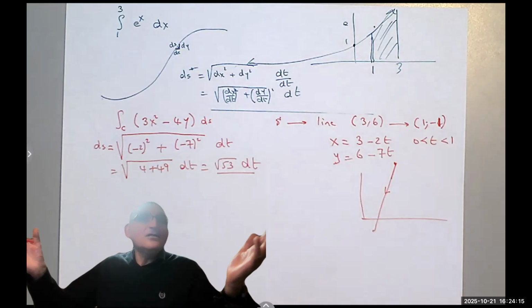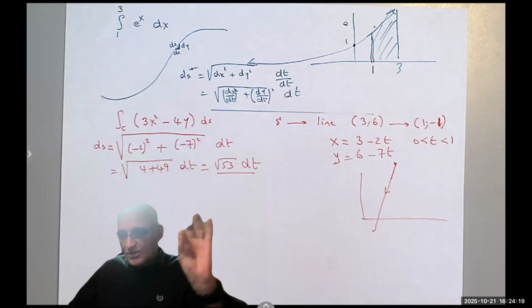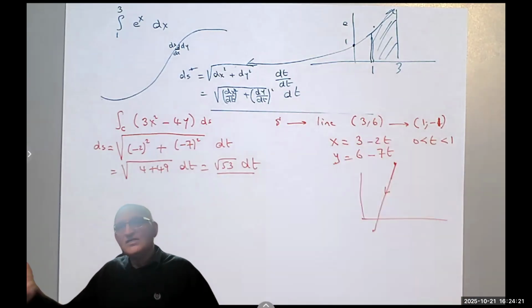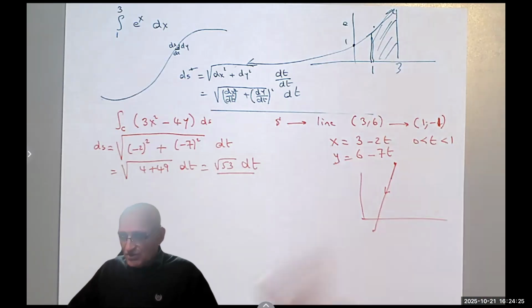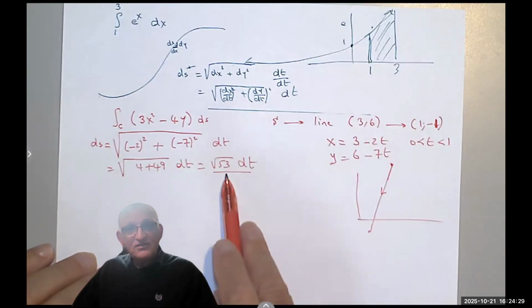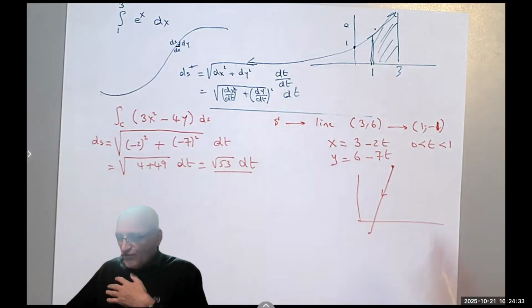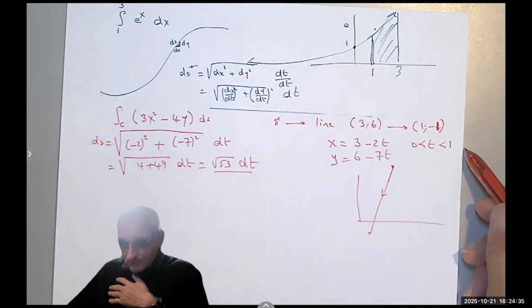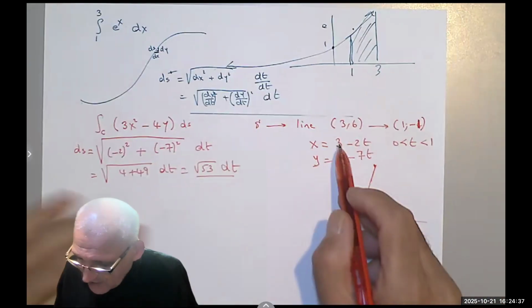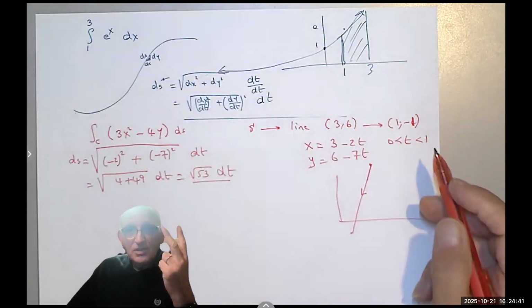You could have done anything else, but the easiest thing is to use t goes from 0 to 1. You can pick any numbers of your choice and make sure that when I substitute the lower value, I get 3 and 6, and when I substitute the upper value, I get 1 and -1. So these values would be different, the ds would be different, and the integral limits would be different. So for example, if I want to go from 0 to 2, notice you are dropping from 3 to 1, which is a drop of 2, right?